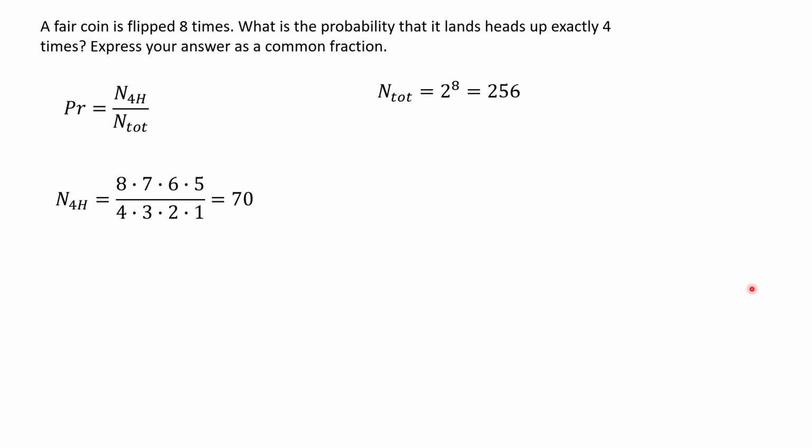And that's going to give us the number 70. So the total number of ways we can put 4 balls of 4 heads into 8 positions is 70. And the probability in this case is 70 divided by 256, or 35 divided by 128.